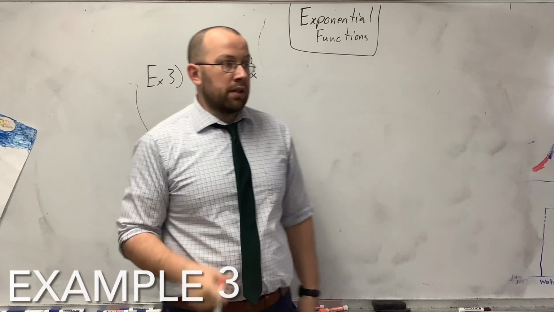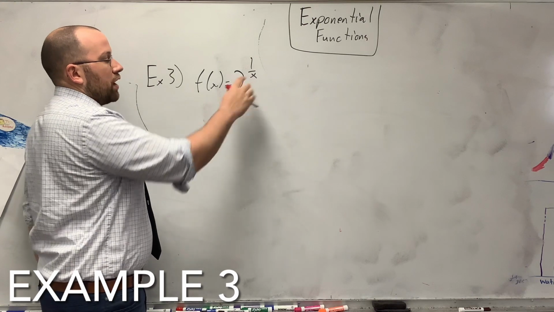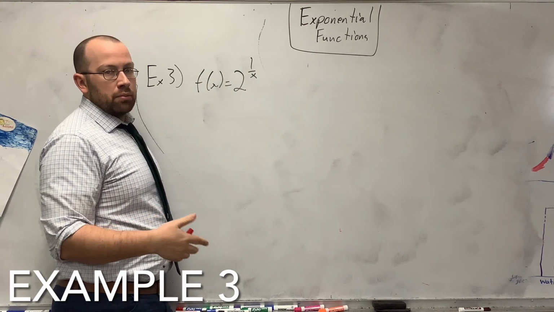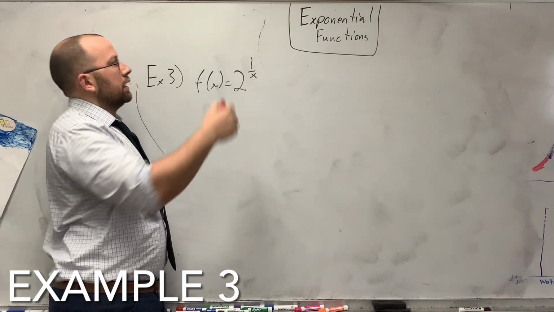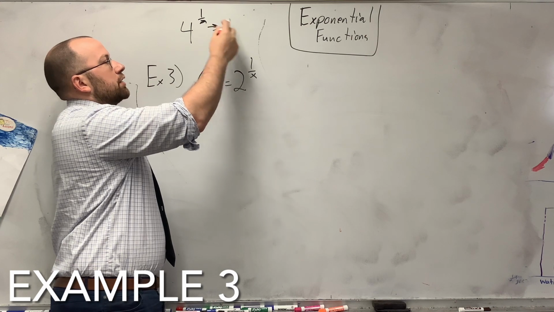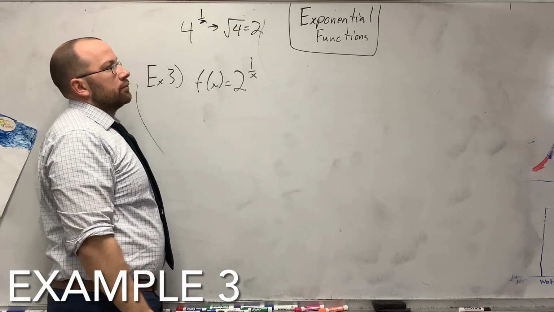All right, this one is a little bit more difficult because whenever you have a fraction up here, that means you are square rooting it, cube rooting it, fourth rooting it, whatever. So if I have like 4 raised to the 1/2, that is actually saying I have the square root of 4, which is 2.